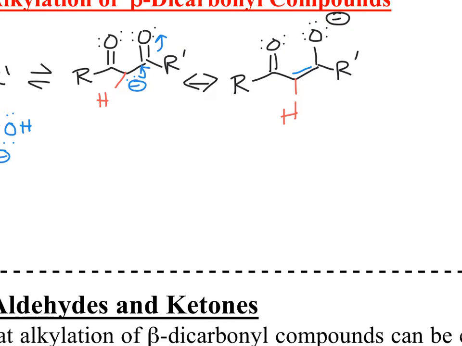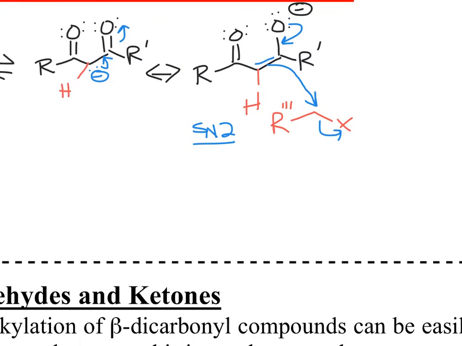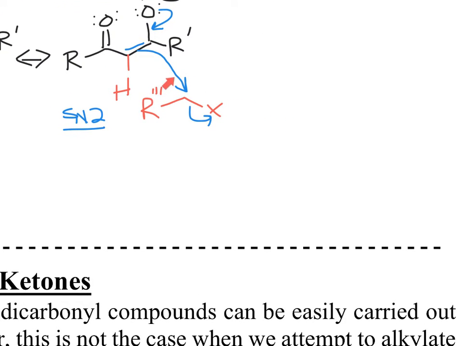And if we have some alkyl halide, here we've got some primary alkyl halide, what can happen is the electrons roll down. That kicks these out. It does an SN2 reaction here. This is an SN2. And what that does is it adds this alkyl piece right here to the alpha carbon, giving us our final product here.